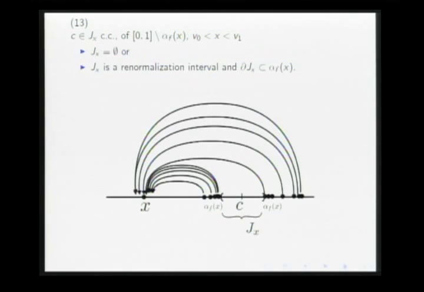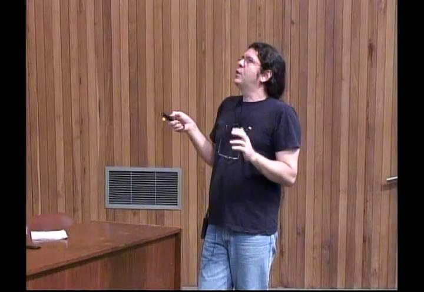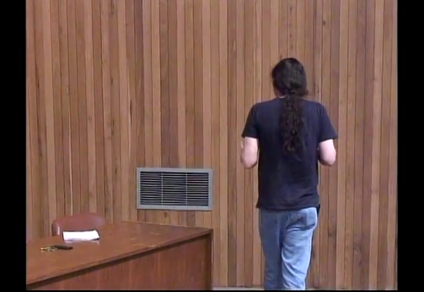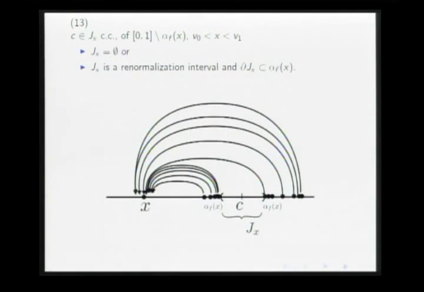Another remark here is that if we take any point of the interval and consider the alpha set of this point, and we call gx the connected component of the complement of the set, that is, take a point x, consider the alpha limit of this set, and gx is the connected component of the complement, okay? And x between the two critical values.